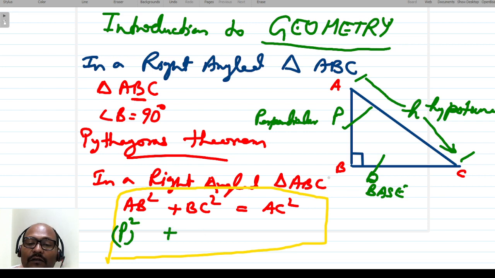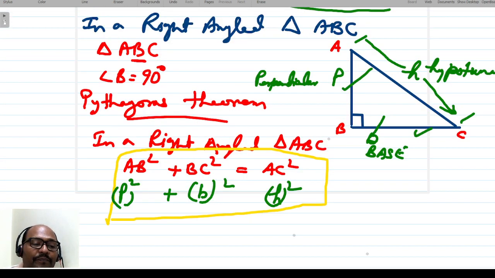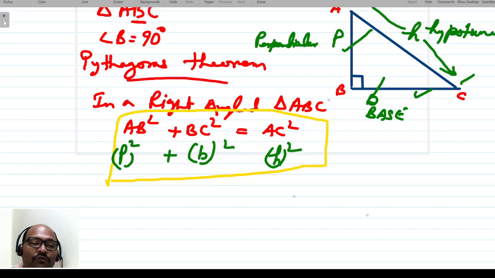BC is this one, the base, denoted by B, so B square, and AC square is your hypotenuse, which will be represented as small h square. So in a right angle triangle, we see p square plus b square equals h square, and this theorem is called Pythagoras theorem, right? This theorem, which we have just marked in the yellow rectangular box, is Pythagoras theorem.